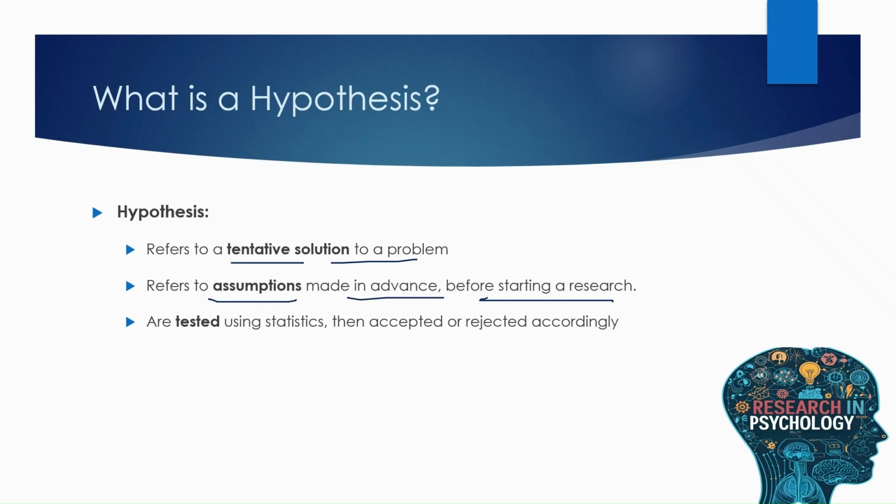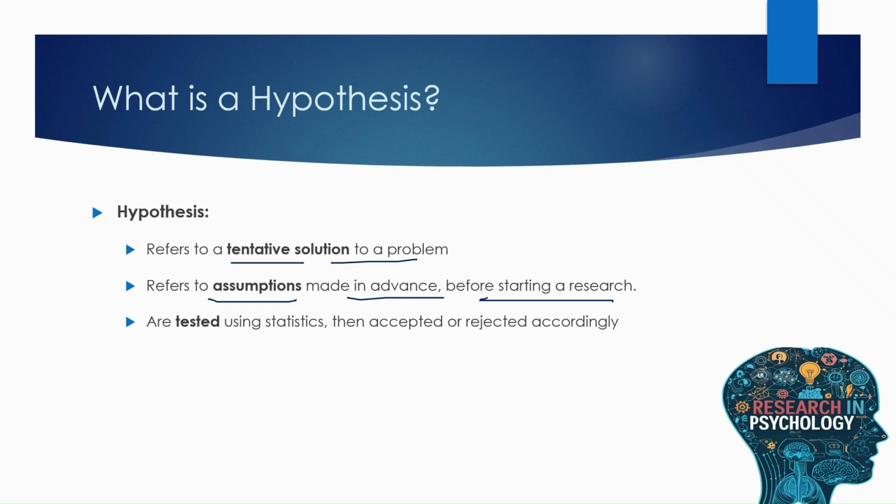So I'm already assuming before my research starts, the first step is stating a hypothesis, right? So when I'm stating a hypothesis before the research starts, I'm assuming in advance that my topic, that is awards, do affect motivation positively. Okay, so this is an assumption that is made in advance before starting a research.